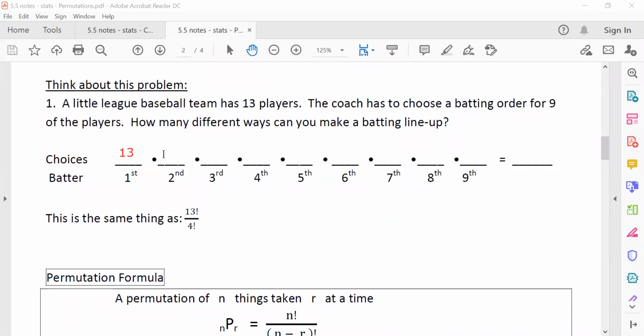For the next position, the coach has already picked 1 out of the 13 players, so the coach has 12 left for the second position. And then you can reason the coach has 11 left for the third position, 10 for the fourth, and so on.